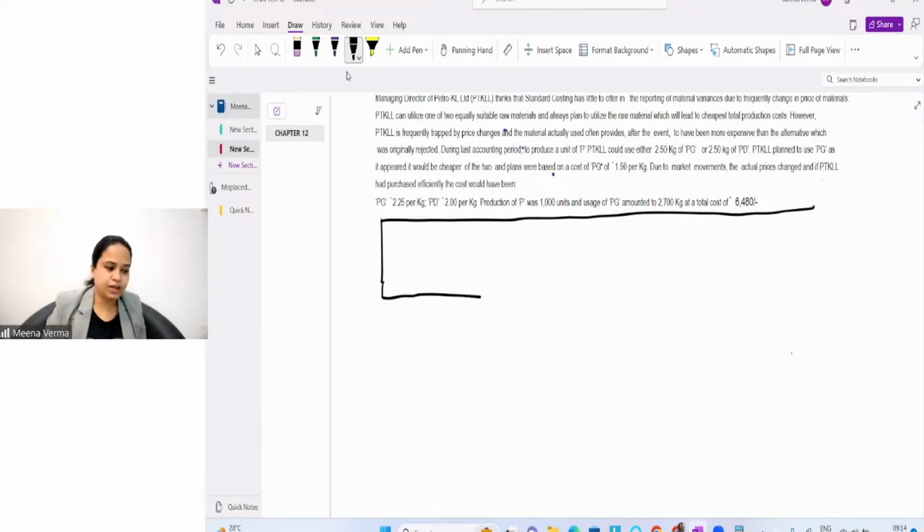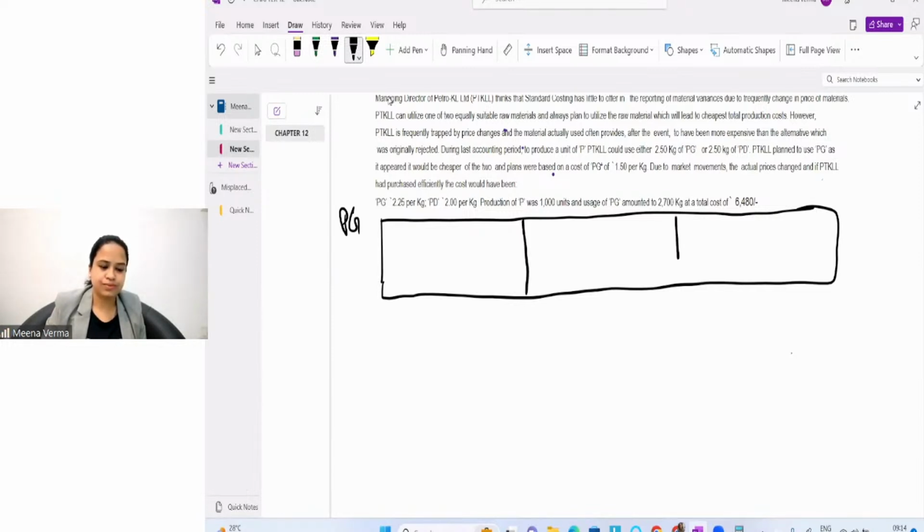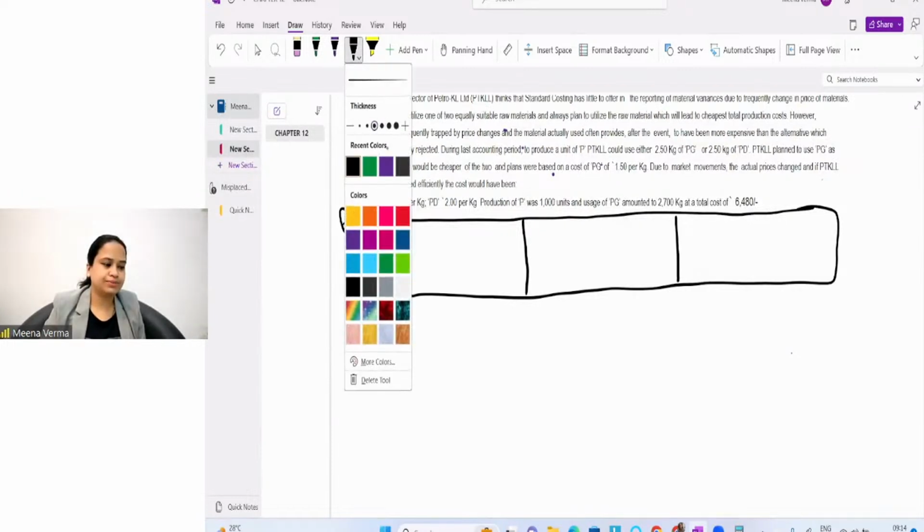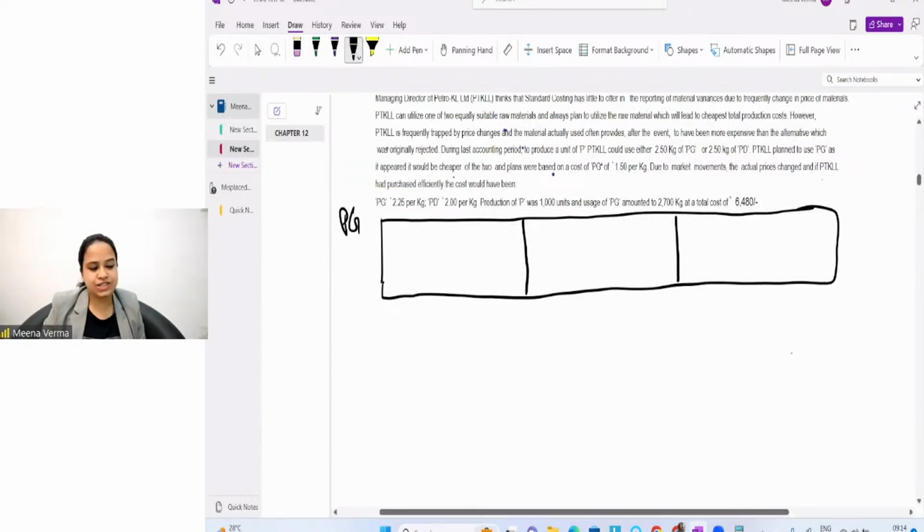If the company uses PG material and if the company uses PD material. Right? So the point is that for PG, what was the original budget?